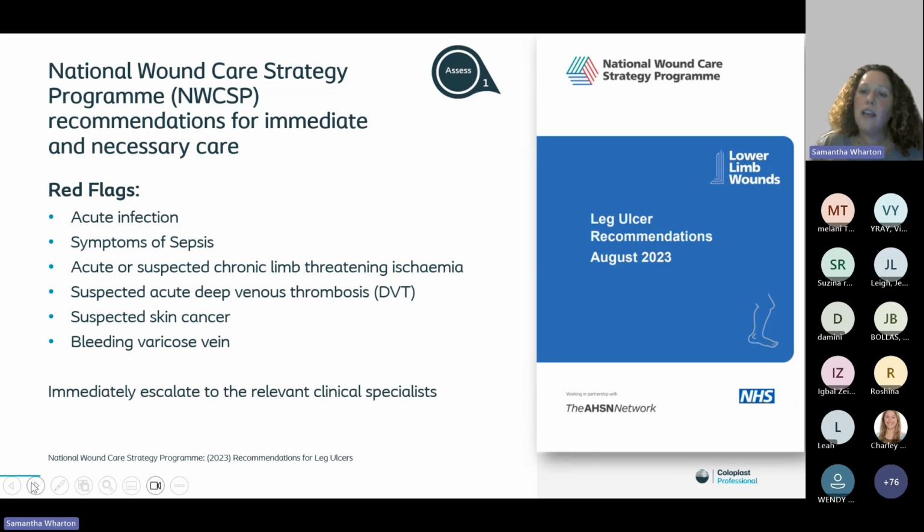But with these new leg ulcer recommendations, we're now able to apply that reduced compression of 20 millimeters of mercury as long as none of those red flags are present. So it's a real game changer, because you're getting patients into some reduced compression on that first presentation. So you're not having to wait to get them in to have that full lower limb assessment and ABPI before you can get them into some sort of compression.